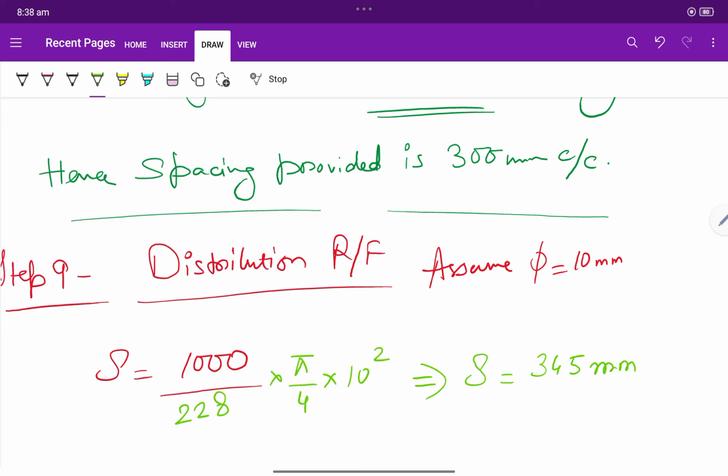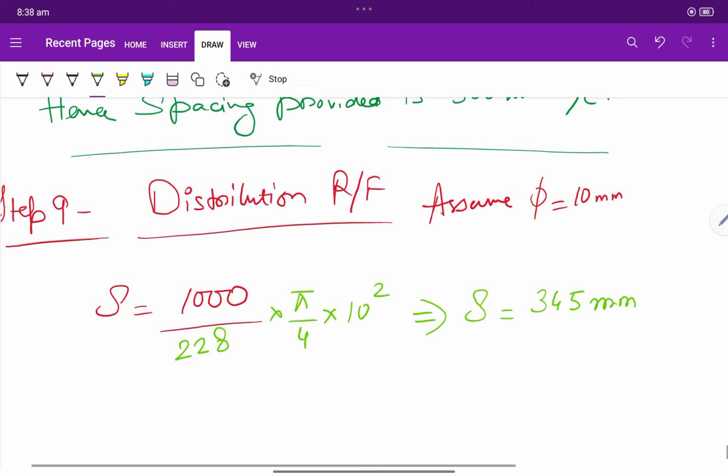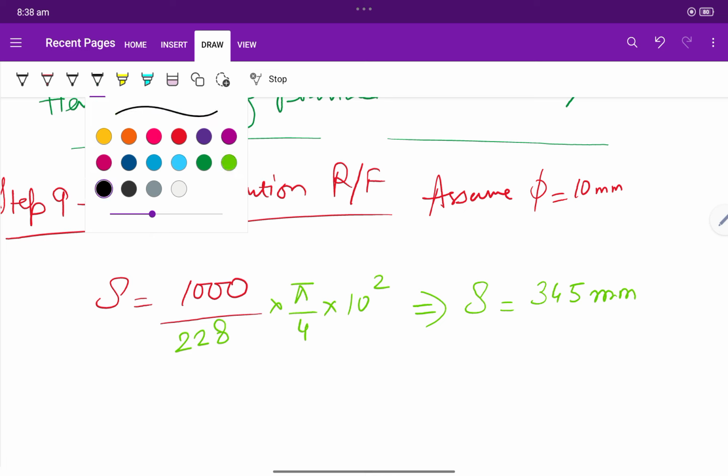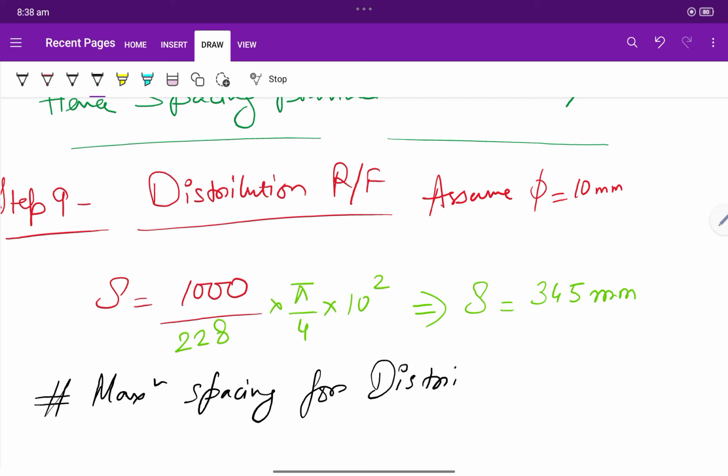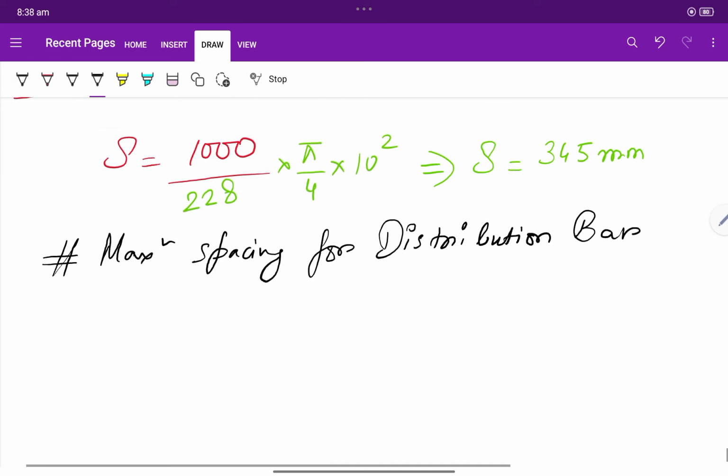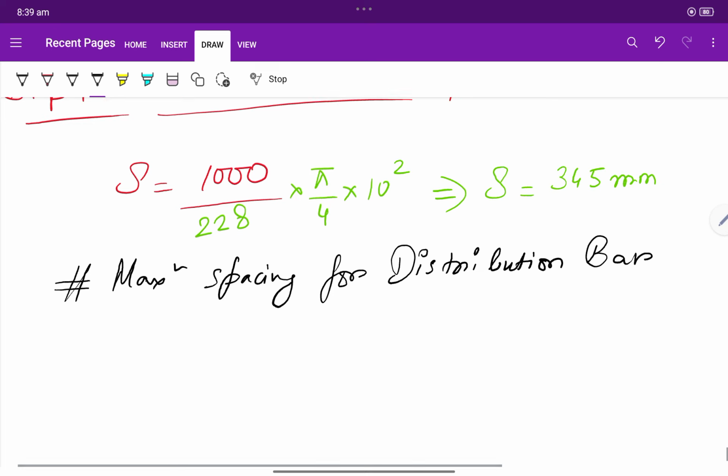So now we have to check also the maximum spacing for distribution bar. The maximum spacing for distribution bar is 5D. It should not be greater than 5D or 300.